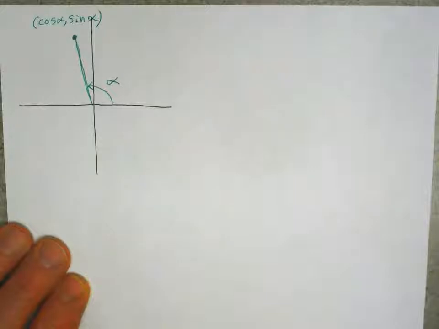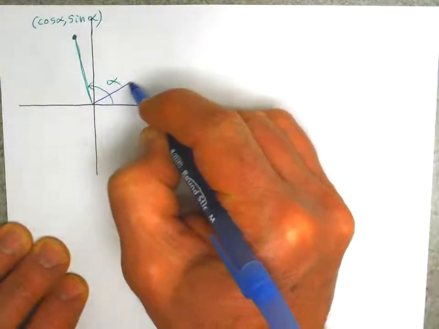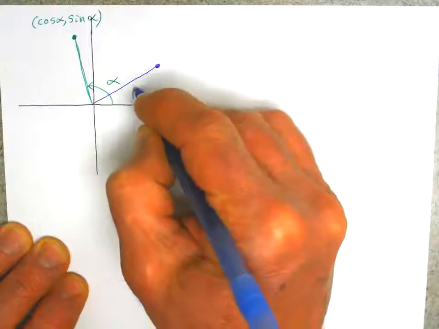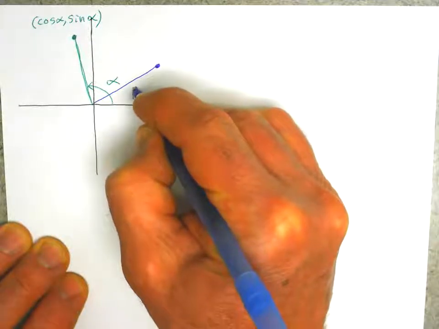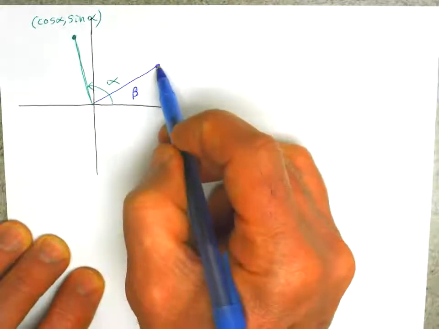And then suppose we have another angle in standard position. I'll call this beta. So this is also a point on the unit circle.